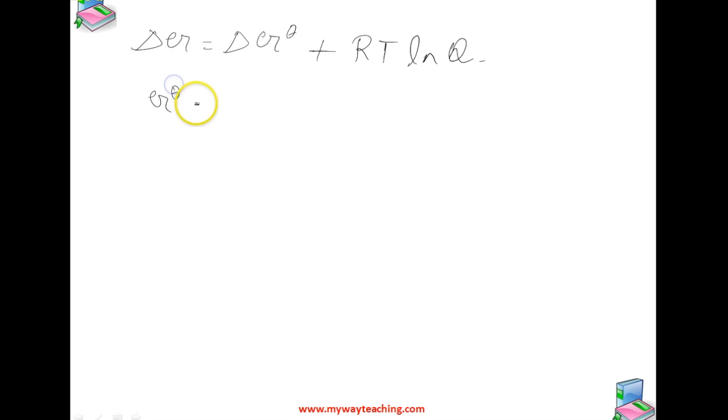And now a mathematical expression of this thermodynamic view of equilibrium can be described by the following equation. So delta G is equal to delta G standard plus RT ln Q, where delta G standard is called standard Gibbs energy.